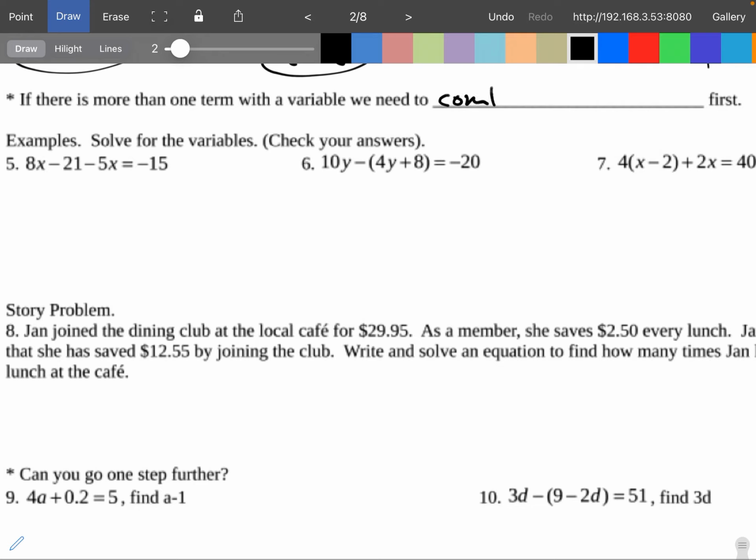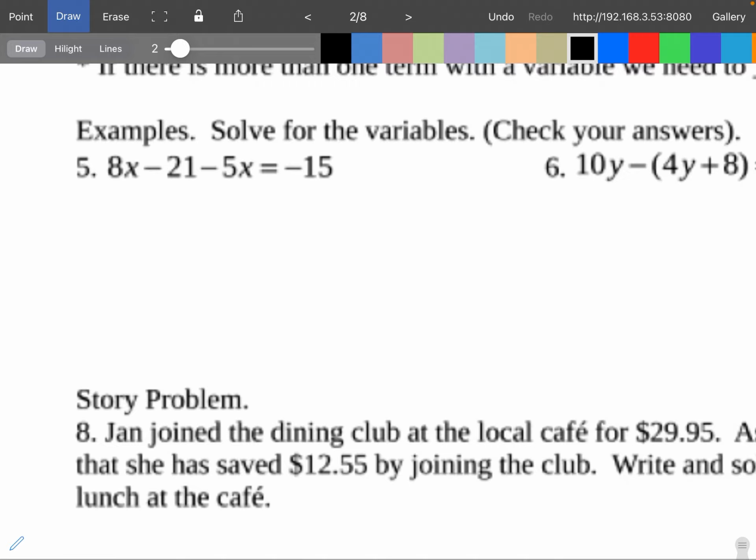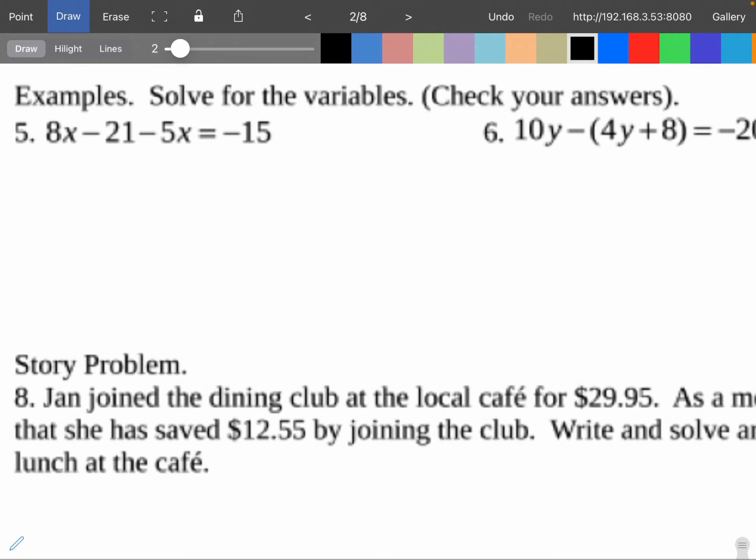This is going to say combine like terms first. So combine like terms. So if there's more than one term with the same variable, you're going to need to add or subtract those first, okay? You're going to combine like terms first. So let's take a look at 5 and 6.